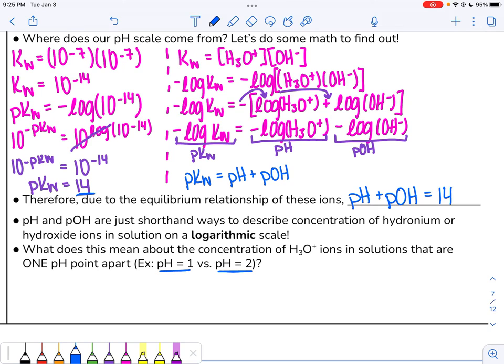If they're 1 pH point away from each other, they are tenfold apart in their concentration because logarithmic scales are always increasing in factors of 10.